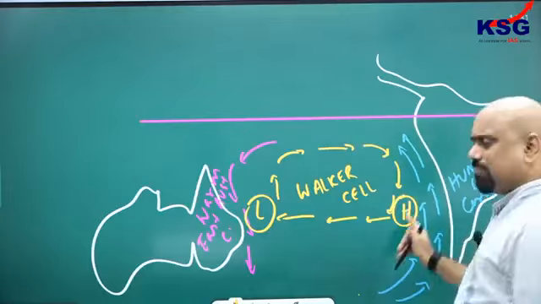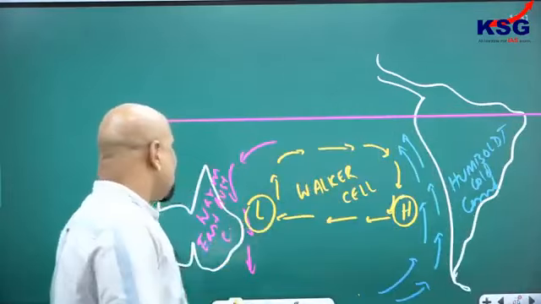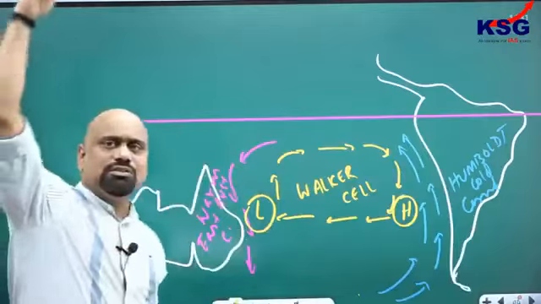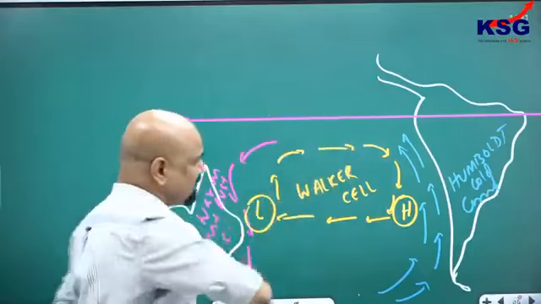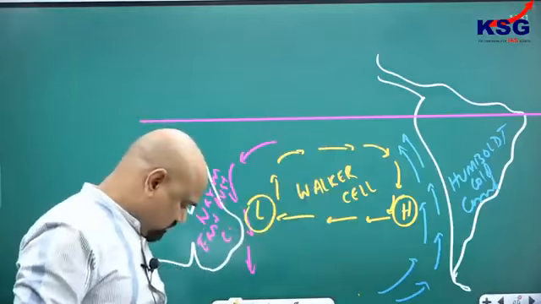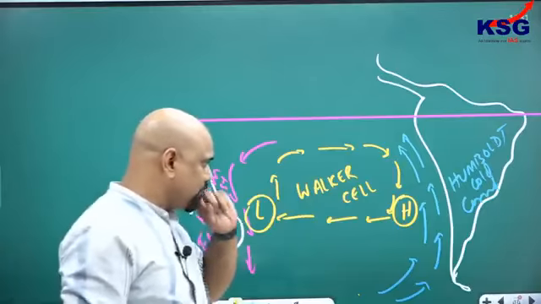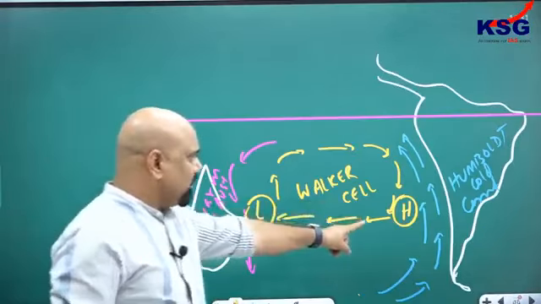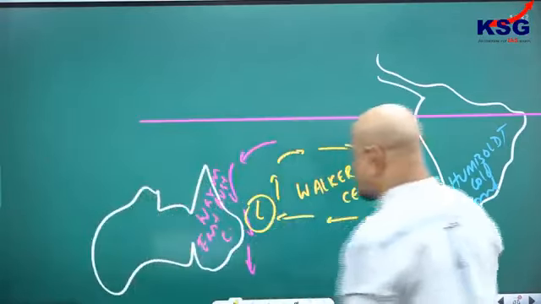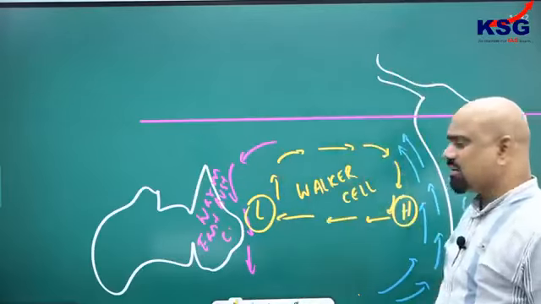Walker cell में यहाँ high pressure होगा in the Peruvian coast and low pressure towards the Australian coast. High pressure leads to sinking of the air, low pressure leads to upward movement, and there is a movement like this. High pressure in the Peruvian coast and low pressure in the Australian coast. Here low pressure leads to upward movement, and this is known as the Walker cell.